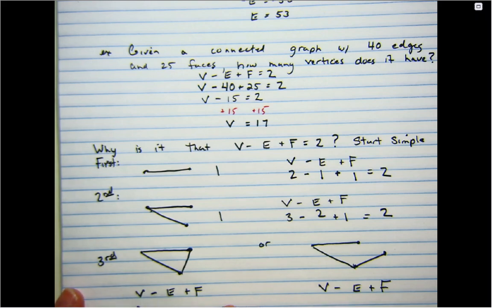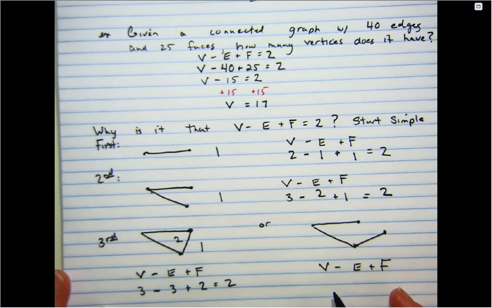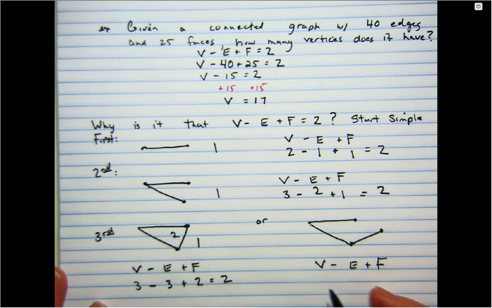Here I have 3 vertices, 3 edges, and now I have 2 faces. On the example where my edge was a pendant edge, I have 4 vertices, 3 edges, and I still just have the one face.